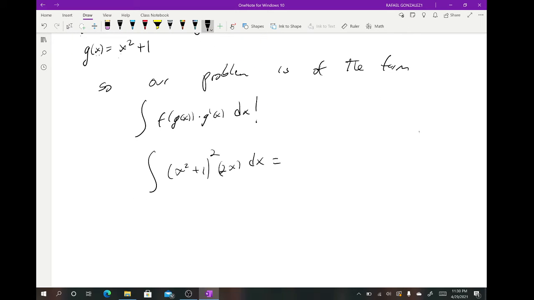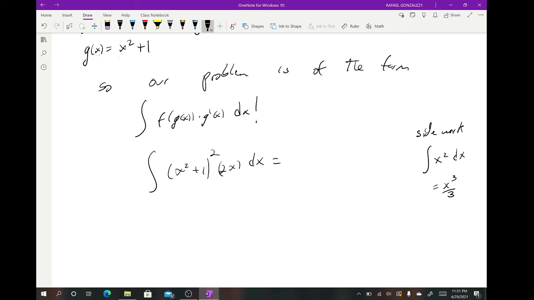I'm going to do this on the side. So side work. What is the antiderivative of x squared? It's going to be x cubed over 3. So that means that this whole integral is equal to x cubed over 3 plus c. But what is the inner function?